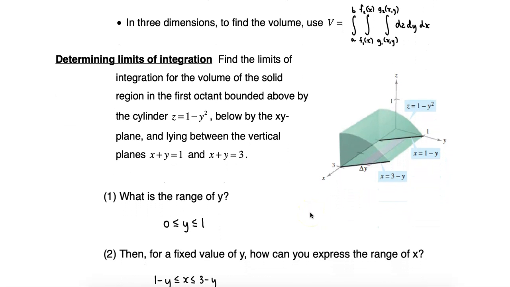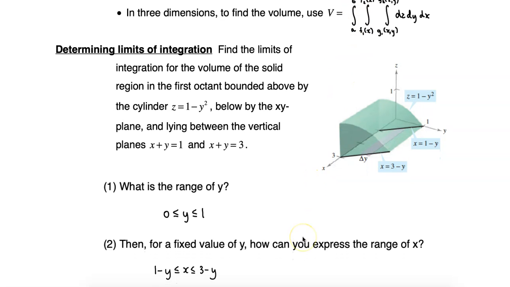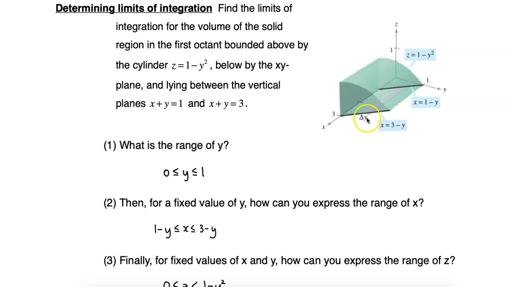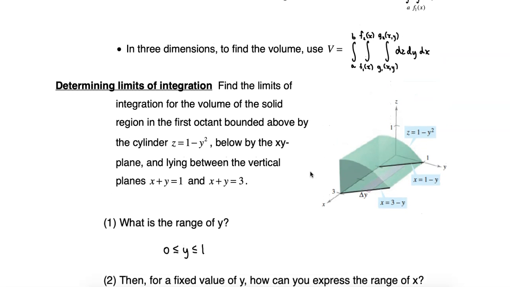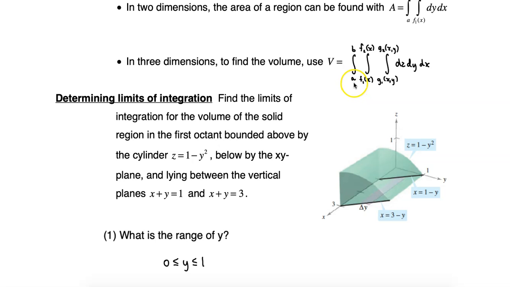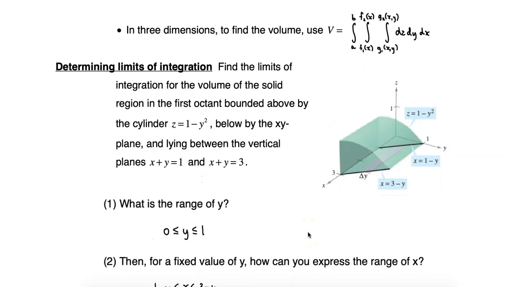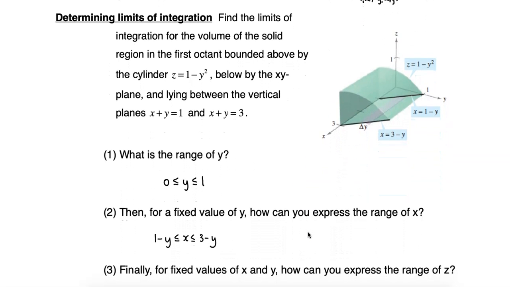The difficult part is to be able to figure out the boundaries of our integral. If you are given a solid region like this one here, you want to decide the order in which you're going to integrate. To do that, notice that the outermost integral has two constants. So you want to pick one variable that doesn't depend on the other variables.